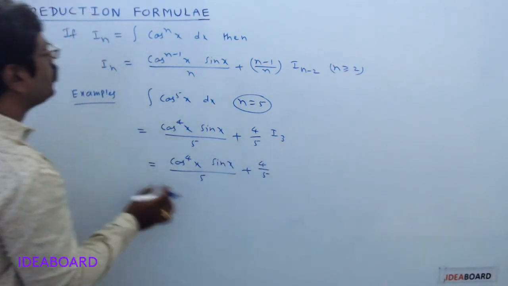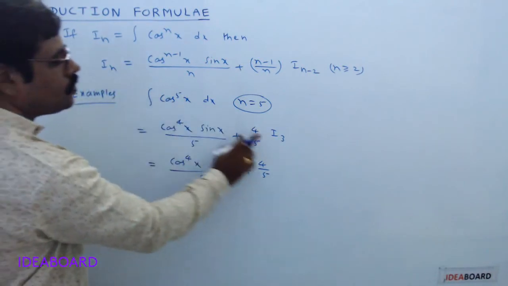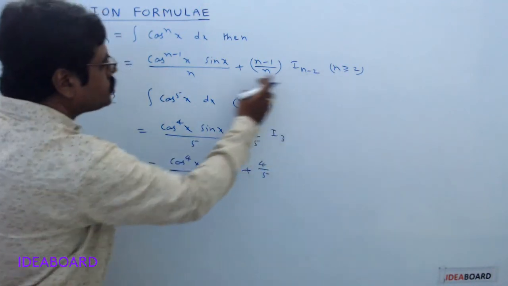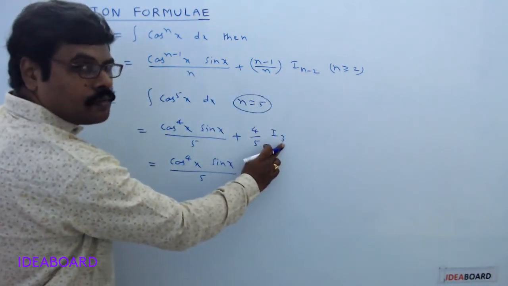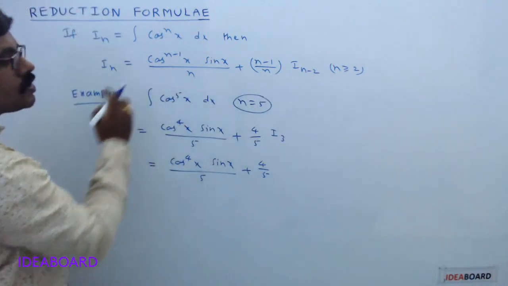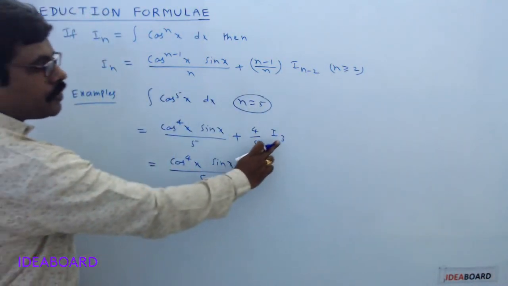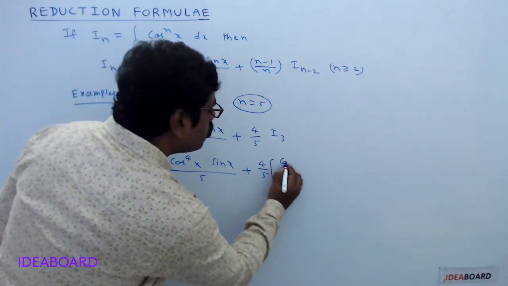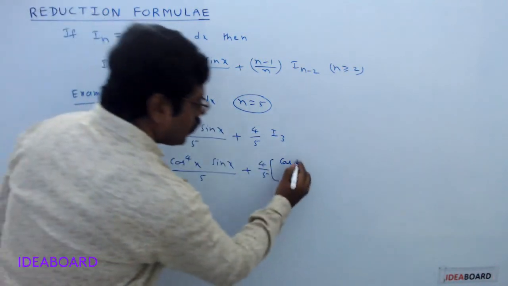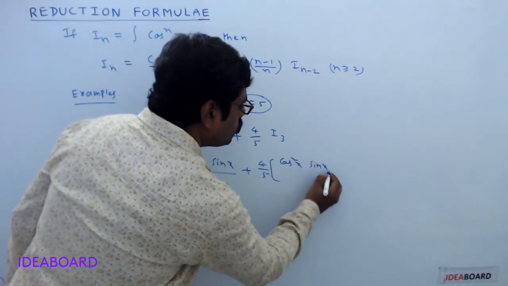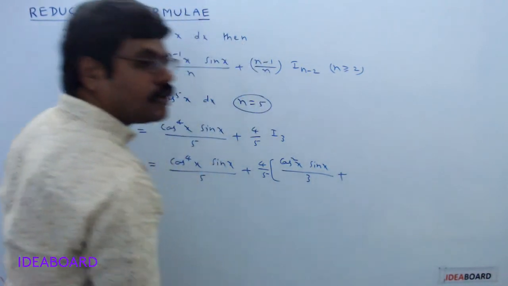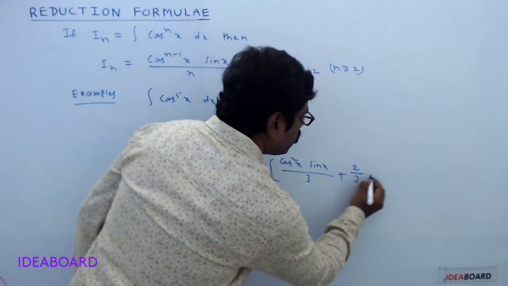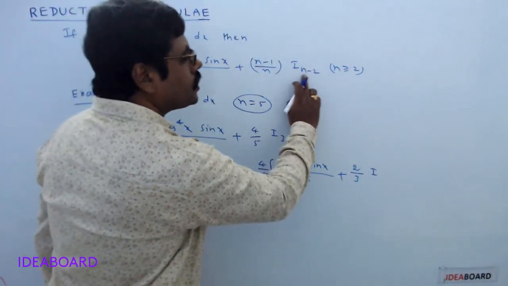If you compare this I3 with In, your n value is 3. If the value of n is more than 2, use this formula. So n value 3 is more than 2. So substitute n equals 3 in this formula. So 4 by 5 into cos power 3 minus 1, so cos square x into sin x divided by 3, plus n minus 1 divided by n, it is 2 by 3 into I 3 minus 2.